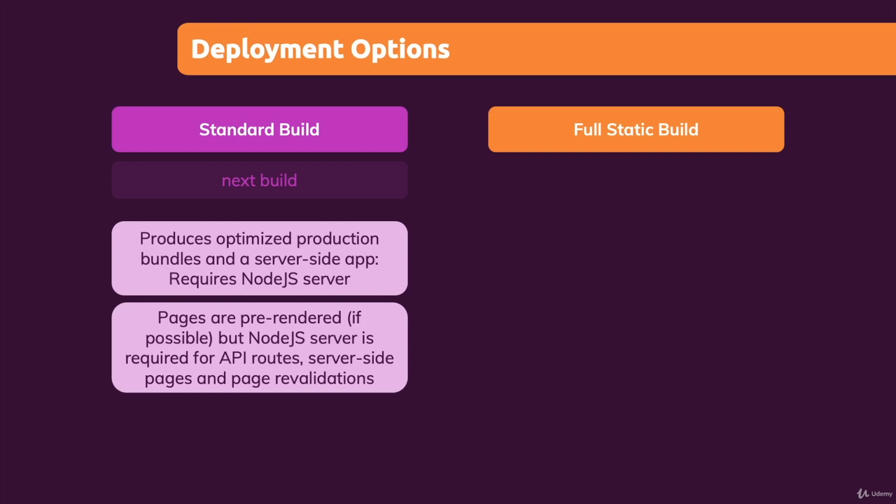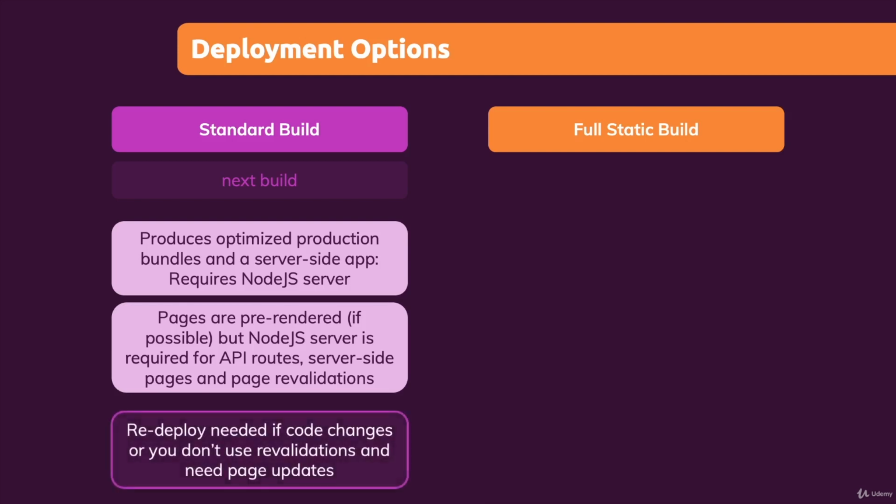Now, when deploying a site, an application, you also typically need to redeploy from time to time. And when doing a standard build, you need to redeploy whenever your code changes, of course, because you want your latest code to be in effect in production. But you will also need to redeploy if your content changed, and you need to re-render some of your pages because you're not revalidating them on the server, because you haven't added that revalidate setting in getStaticProps.